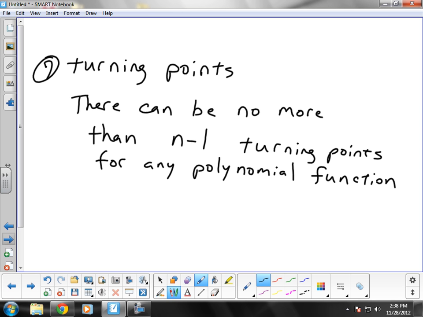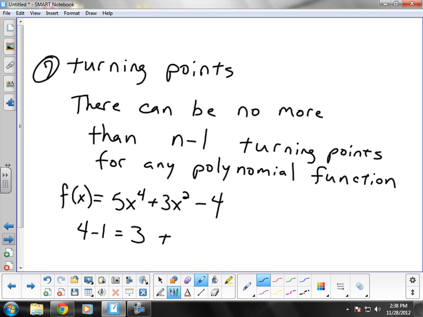So in other words, if you have a function that's like f of x is equal to 5x to the 4th plus 3x squared minus 4. Now, I don't know how many turning points there are for sure yet, but I know there cannot be more than 4 minus 1, which is 3. The most it can have is 3 turning points. May have fewer, but it cannot have more than that.